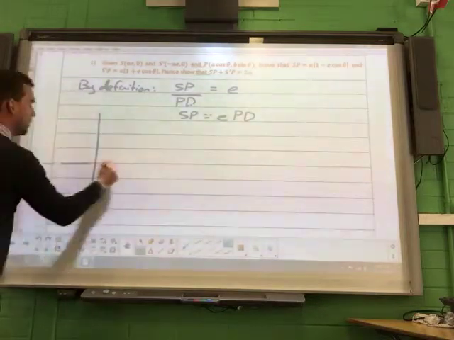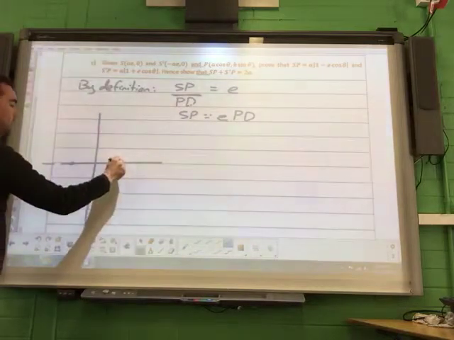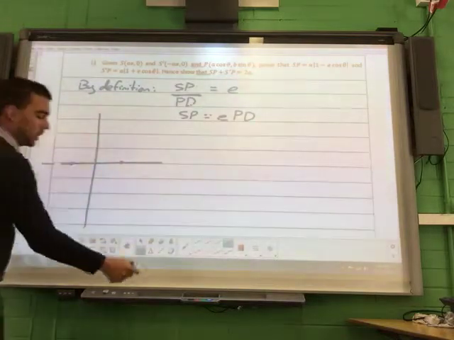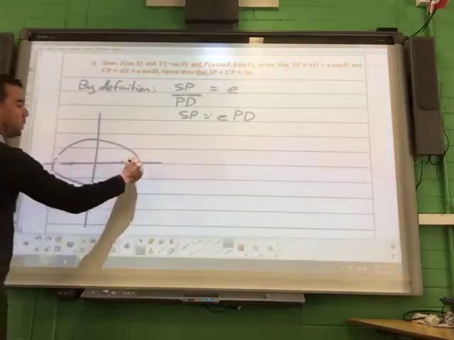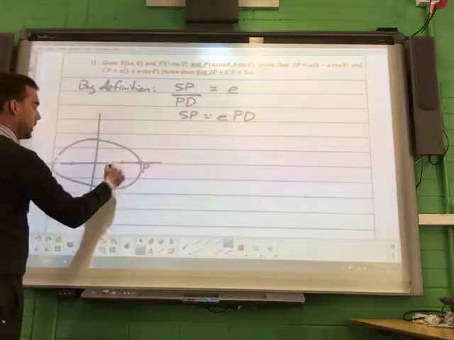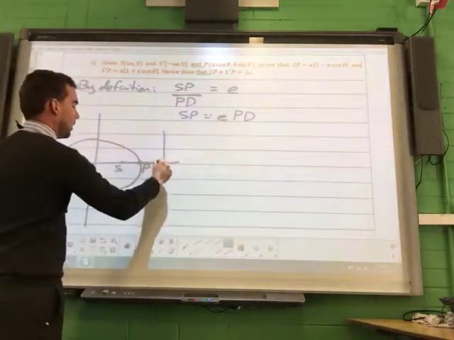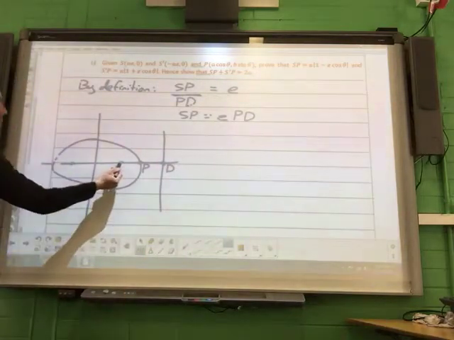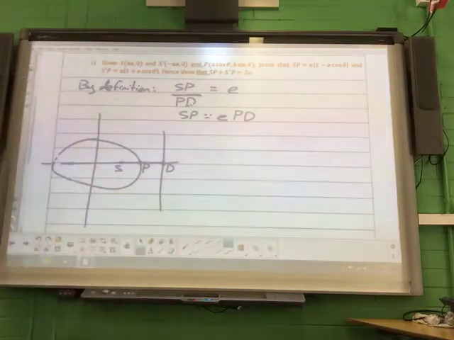Alright, let's consider a sketch. So we've got your foci at here and here, approximately. Right, so as you draw the ellipse, okay, so we've got the point P, that's S, okay, and then out here somewhere is that point D. Okay, so this distance over that distance is equal to your eccentricity.